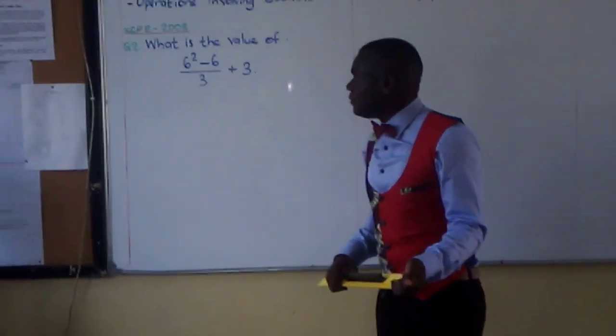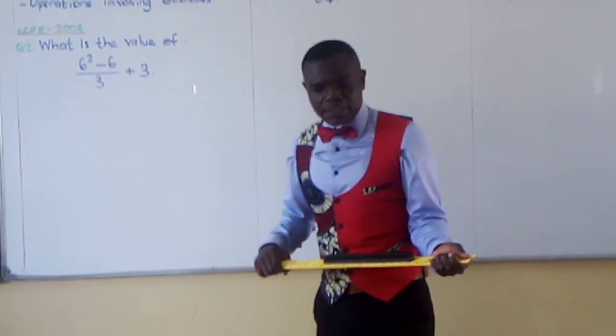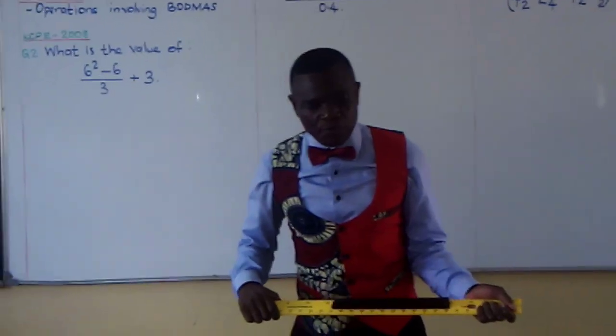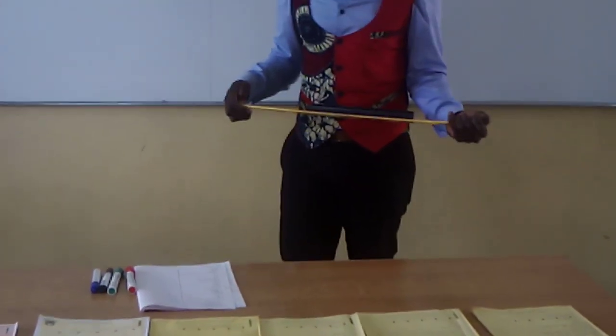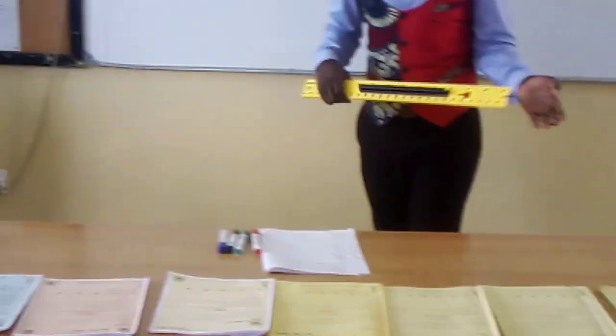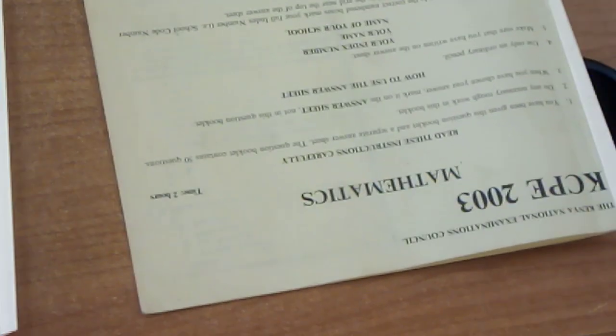Now, I've extracted some questions from past KCPE papers. I wanted the cameraman to focus on this table and show the variety of papers I have endeavored to collect from the archives to help me revise mathematics.